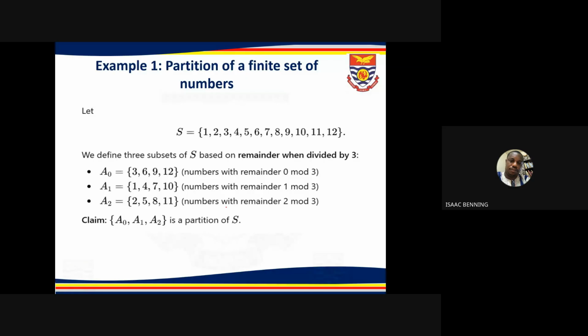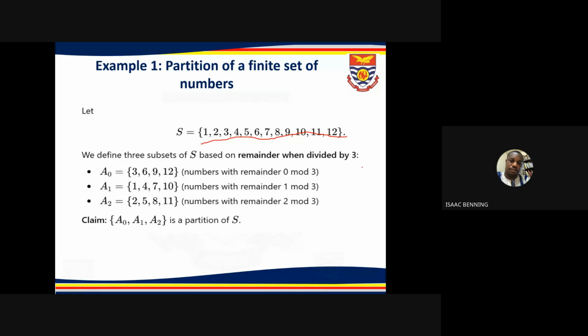And we define 3 subsets of S based on the remainder when divided by 3. So among these elements, we are interested in the remainder when we divide by 3.